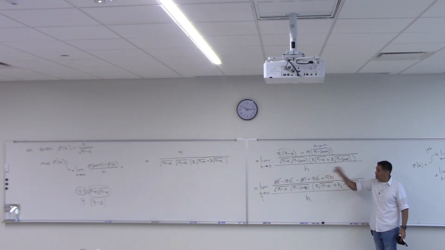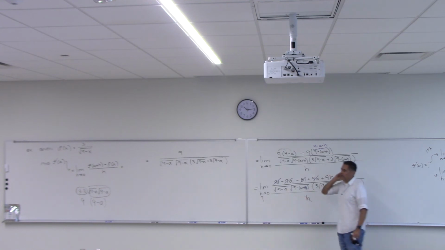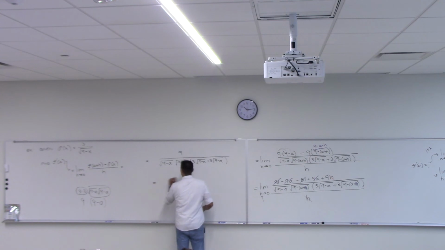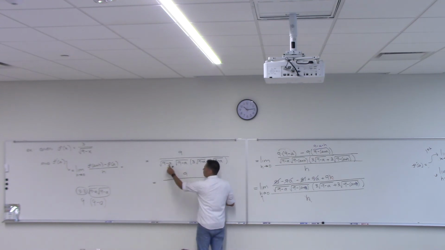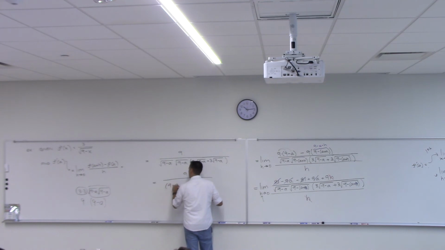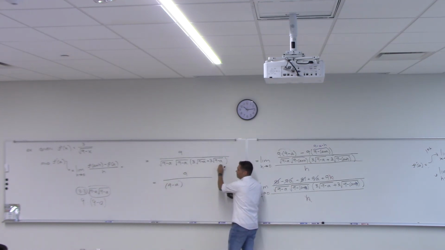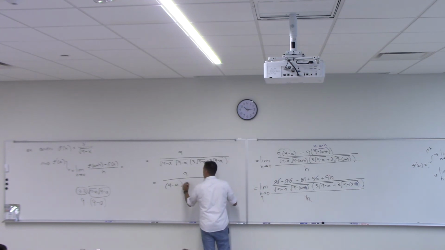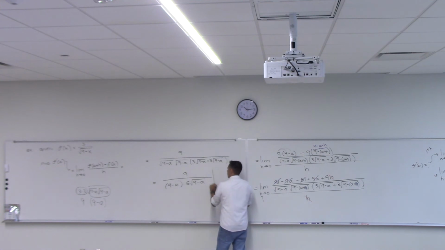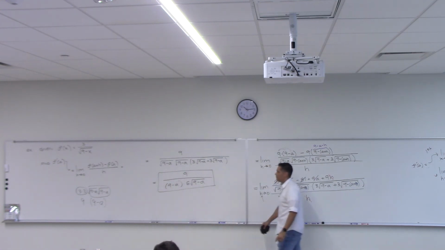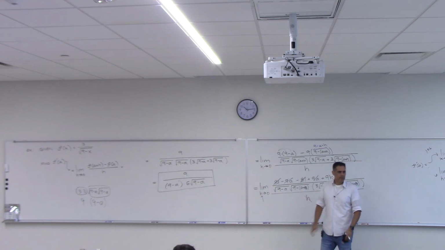That is the answer, but we can clean it up a little bit. This is a root times a root, the root goes away, so that's just 9 minus a. And then I have 3 of these plus another 3. So how many is that? 6. So times 6 of these root 9 minus a's. That is probably a decent enough version for us to put a box around it and be happy.